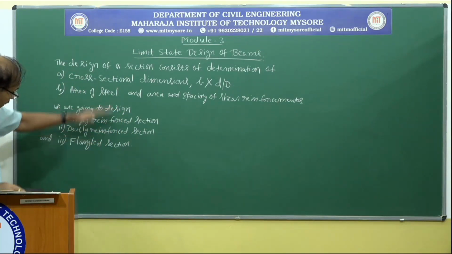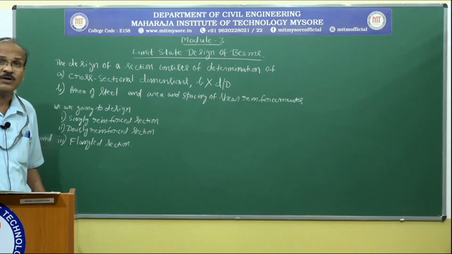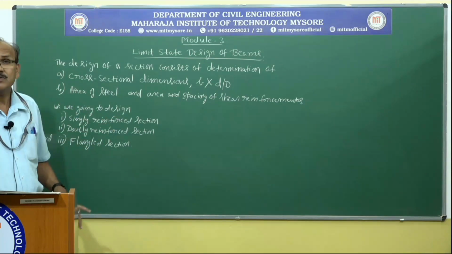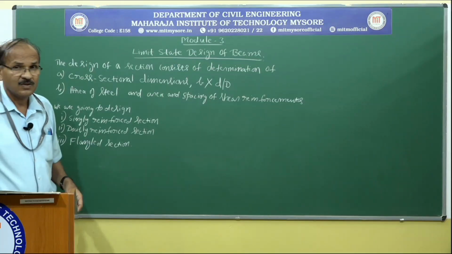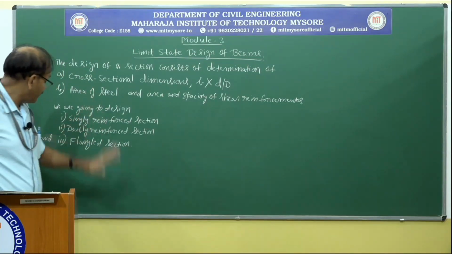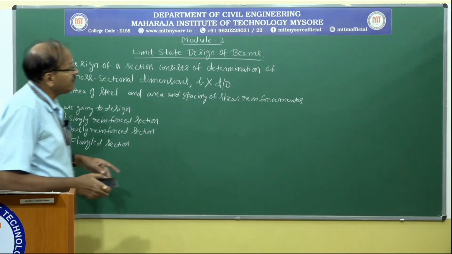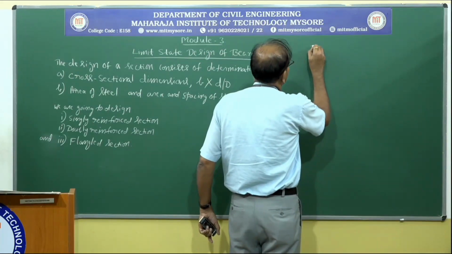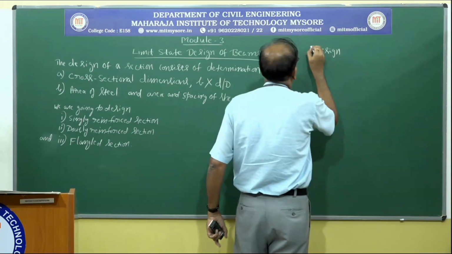So these are the three types of sections. If you remember what we did in the previous module, we analyzed these kinds of beams, that is singly reinforced, doubly reinforced and flange section. Here we are going to design the same. In case of, let me take a singly reinforced section. This is what we are going to do first.